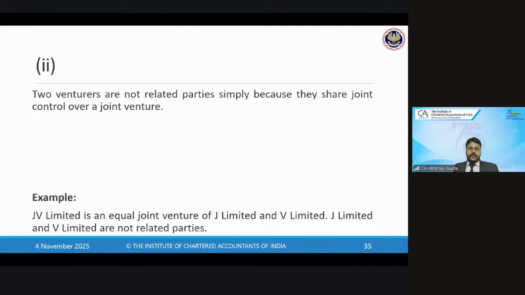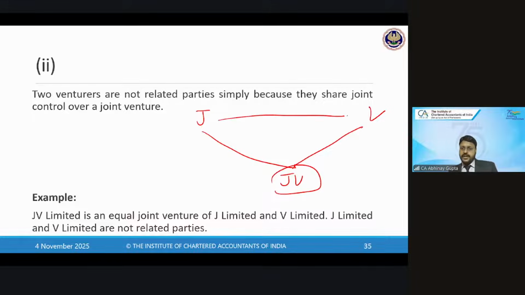Two venturers are not related parties simply because they share joint control over a joint venture. For example, JV Limited is an equal joint venture of J and V. J is a company, V is a company, and they formed a JV called JV Limited. Are J and V related to each other?